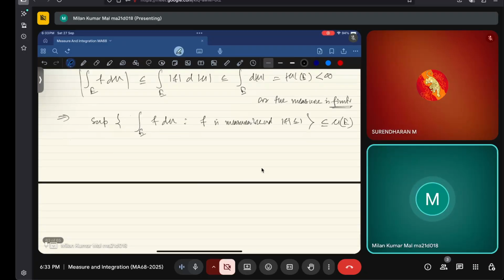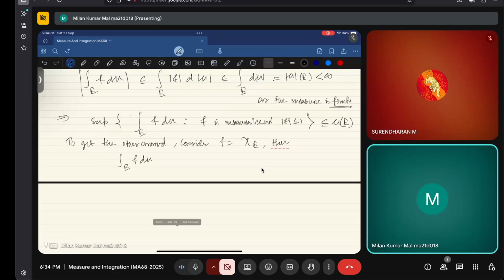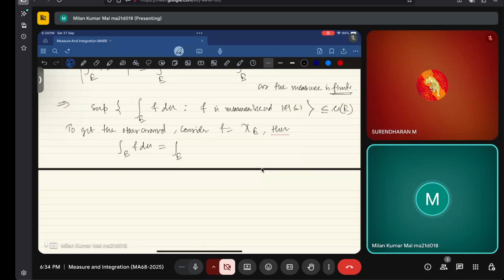Now to get the other way around, consider f equal to the characteristic function of E. Then what we'll get is that the integral over E of f d mu will be exactly equal to the integral over E of the characteristic function of E d mu.